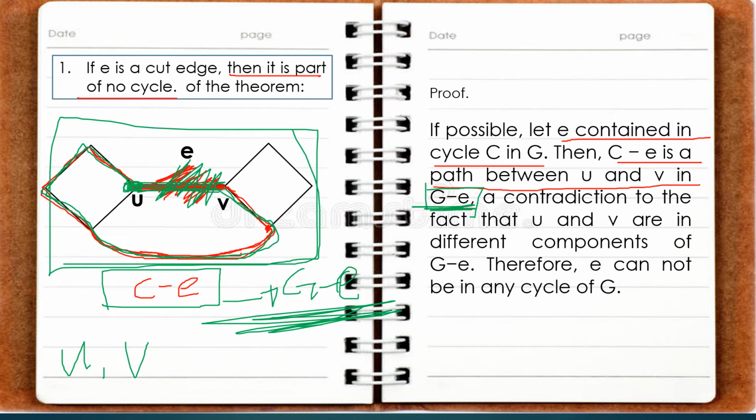Meaning there is no connection between the two components. There is no path between U and V. That is why we can say that E is not part of any cycle in G.